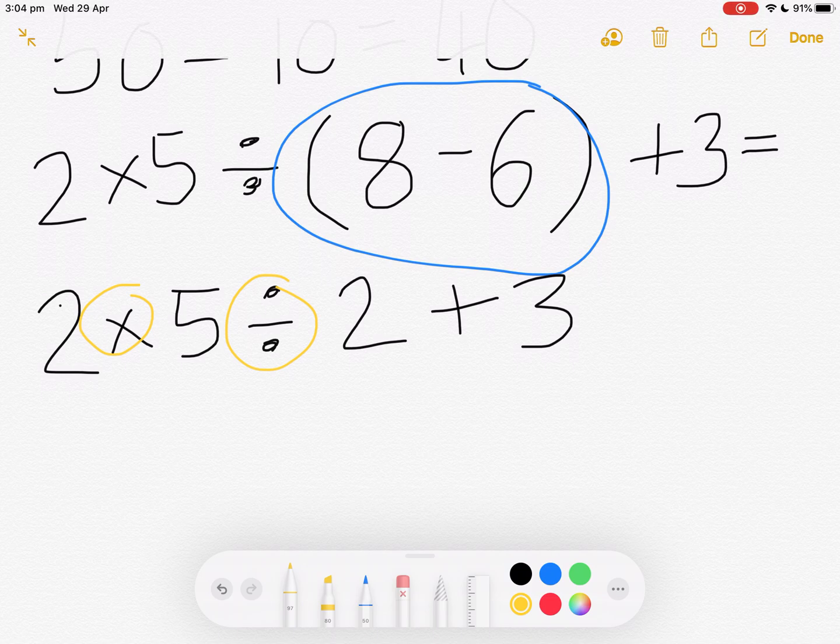So you do whichever is coming first in the number sentence. So in this one, the multiplication is before the division. So that's what I work on next. The 2 times 5. If the division was first, I'd work on the division first. So 2 times 5 is 10.